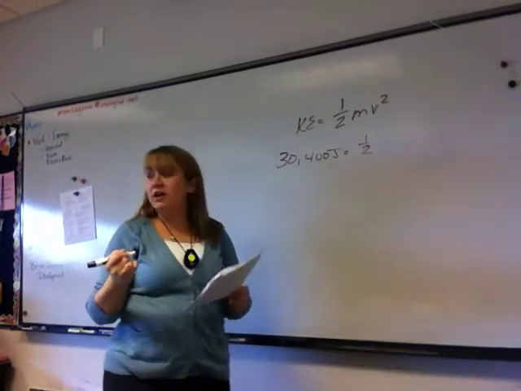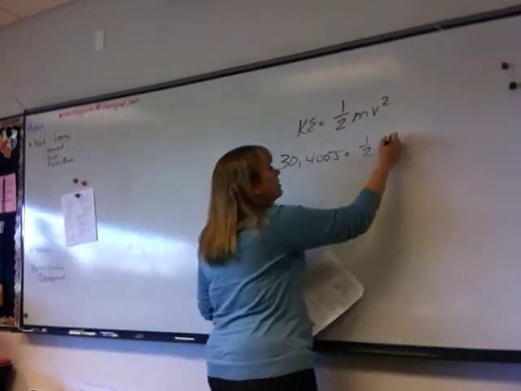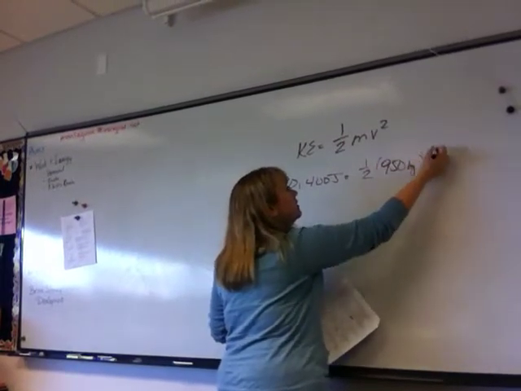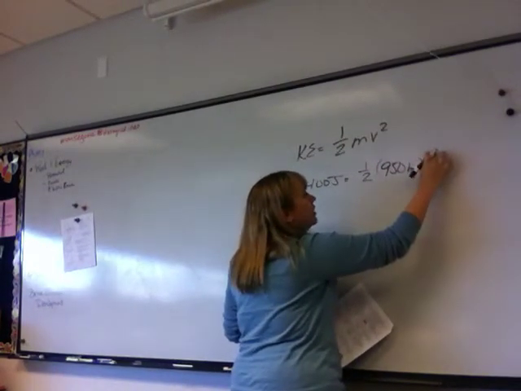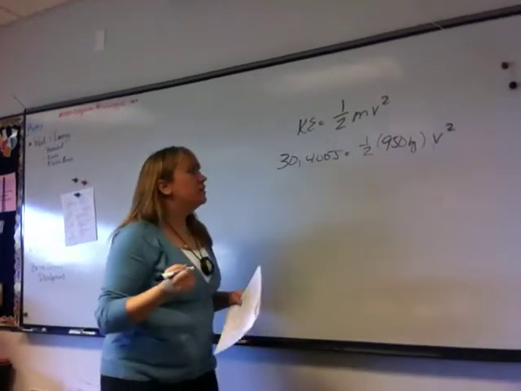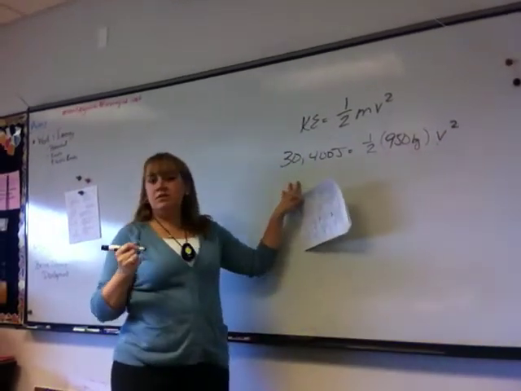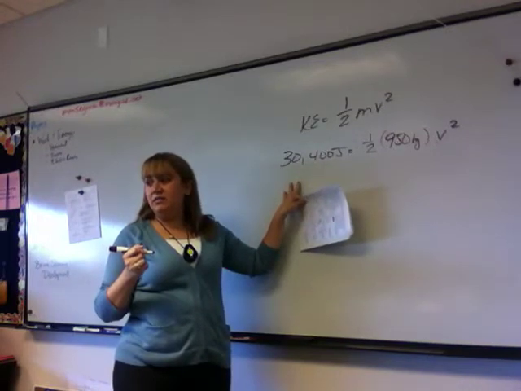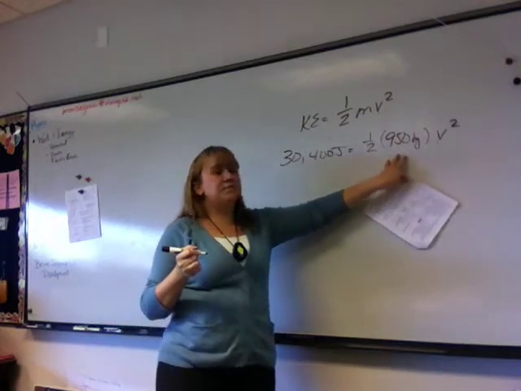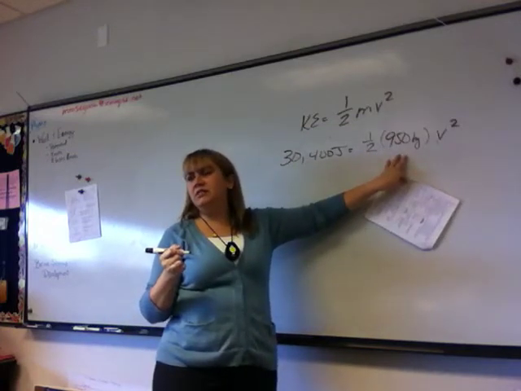Do we have the mass of the car? 950 kilograms. And we're trying to solve it for velocity squared. Do the little math. 30,400 joules equals 1/2 times 950. What is 1/2 times 950?